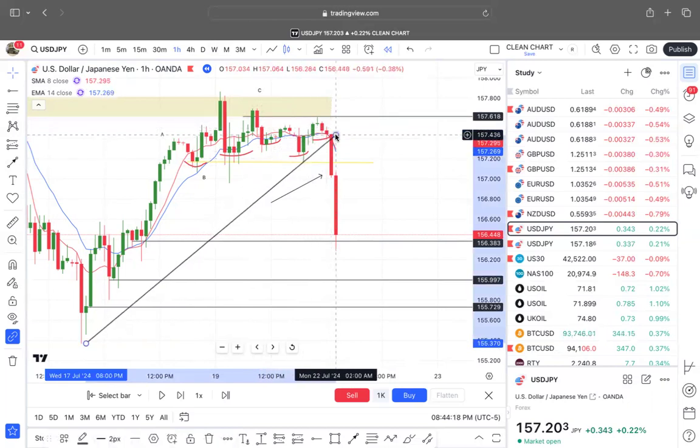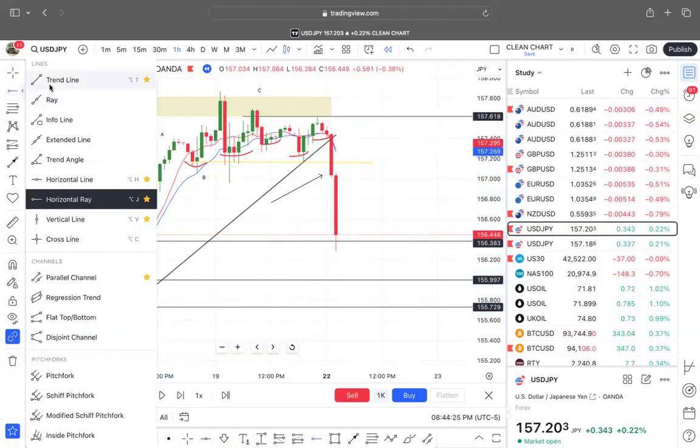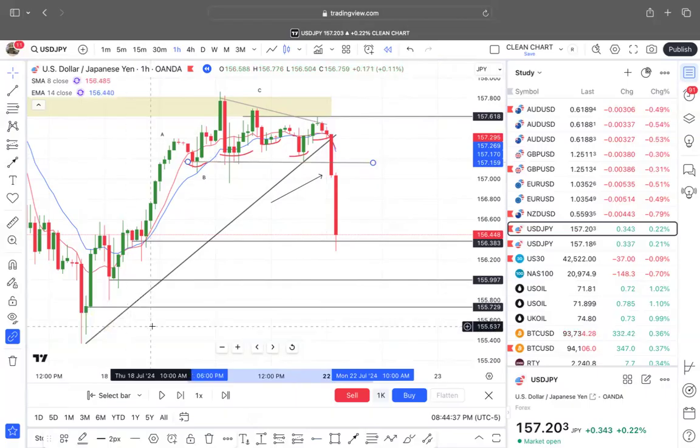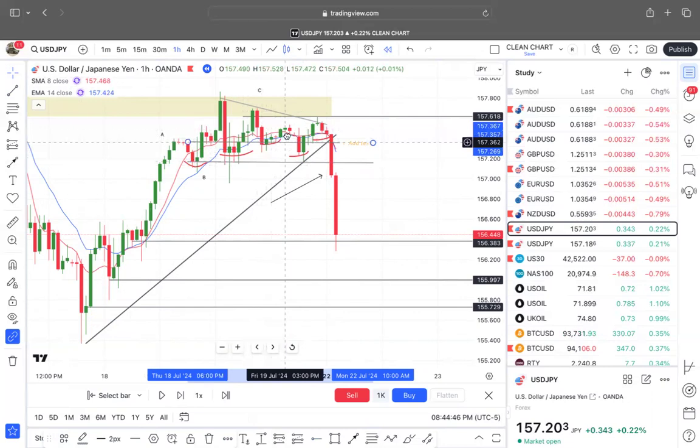So speaking of that, at this area right here, now we have this area where again we have support, we have resistance, and again that is price saying it can't even close above there.